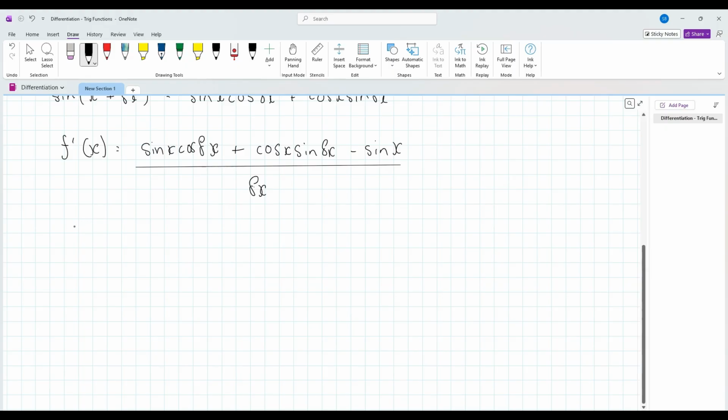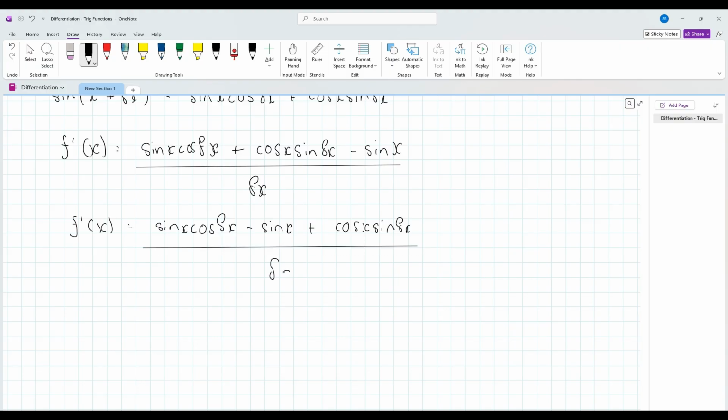So let's rearrange this formula and factor it out. So f dash of x equals sin of x cos delta x, and now I'm going to put the minus sin x term here, minus sin x, plus cos x sin delta x, and this is all over delta x.